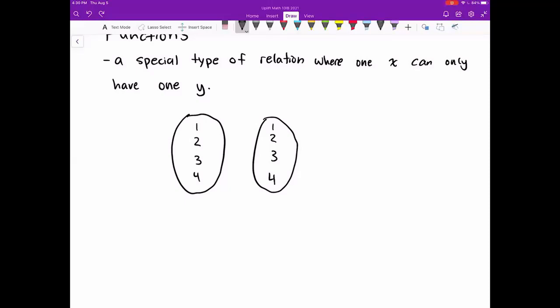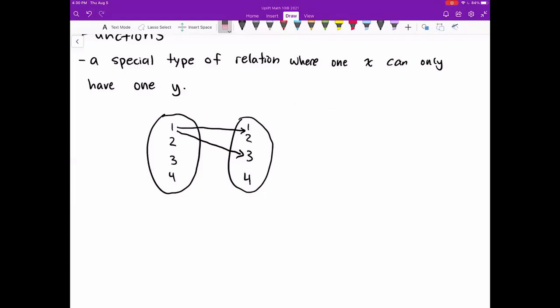So for example, if we look at the number 1, we could only have one arrow that comes out of it. If the number 1 has 2 or more arrows, that would mean when x is equal to 1, y can be either 1 or 3, and that would not qualify as a function because in a function, 1 x only has one y value.